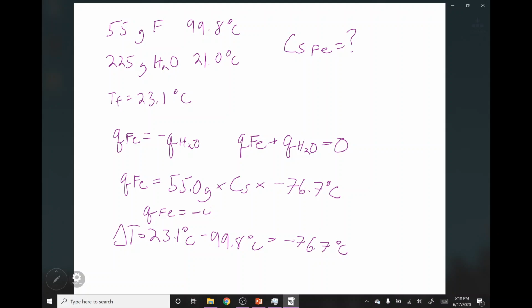So we'll need this later. Let's just draw an arrow to it.